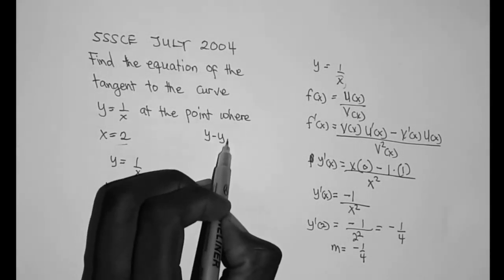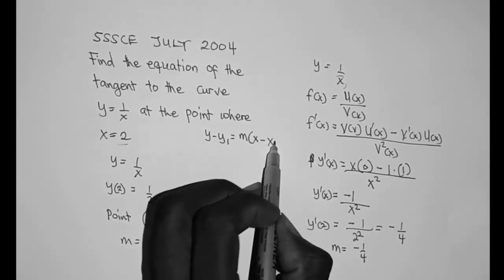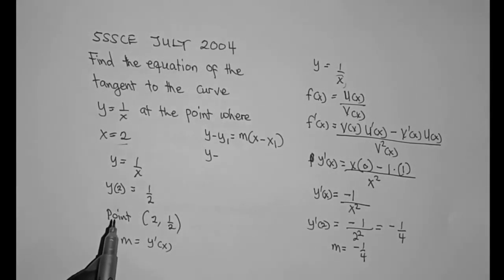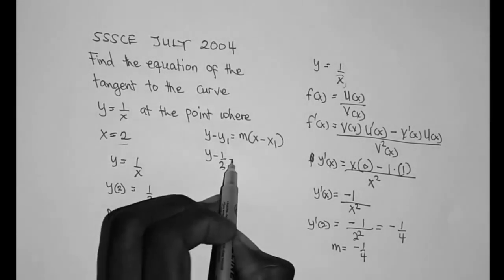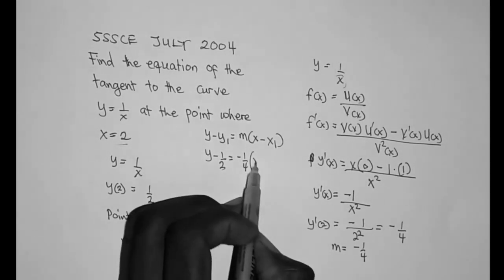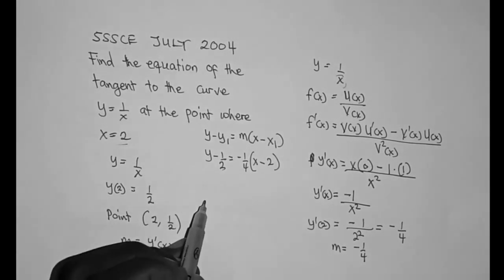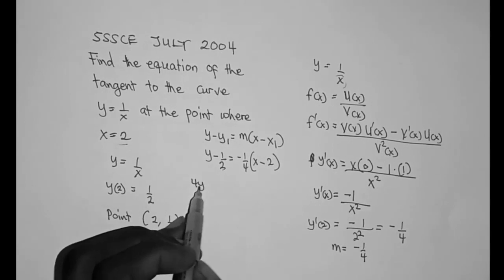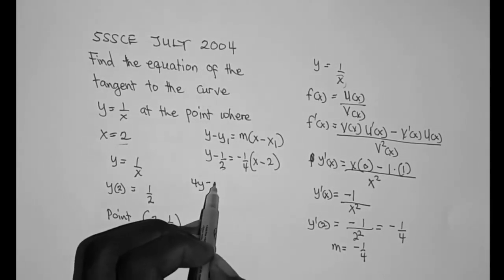y minus y1 is equal to m times x minus x1. So y minus, what is y1? y1 is 1 over 2, equals m, which is minus 1 over 4, times x minus x1. x1 is 2. So let's multiply by 4. 4 times y is 4y, minus 4 times 1 over 2 is 2.